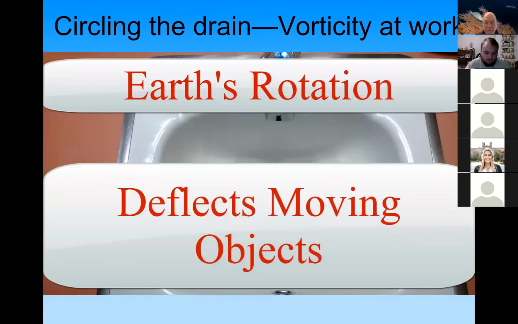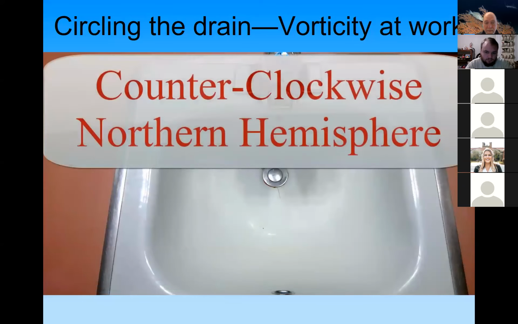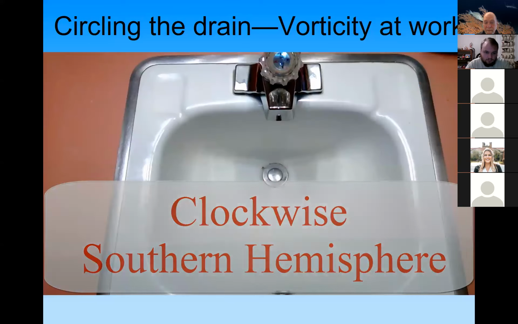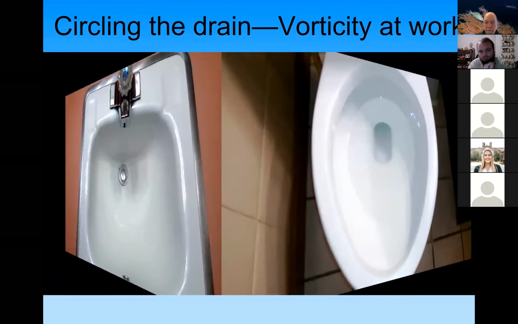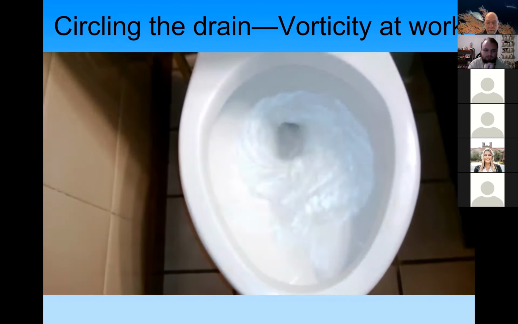If the Coriolis force is the primary effect, then the water will drain counterclockwise in the Northern Hemisphere and clockwise in the Southern Hemisphere. For this experiment, all we need is a drain, water, and maybe food coloring. The food coloring makes it easier to see the rotation of the water. The toilet water goes down counterclockwise.